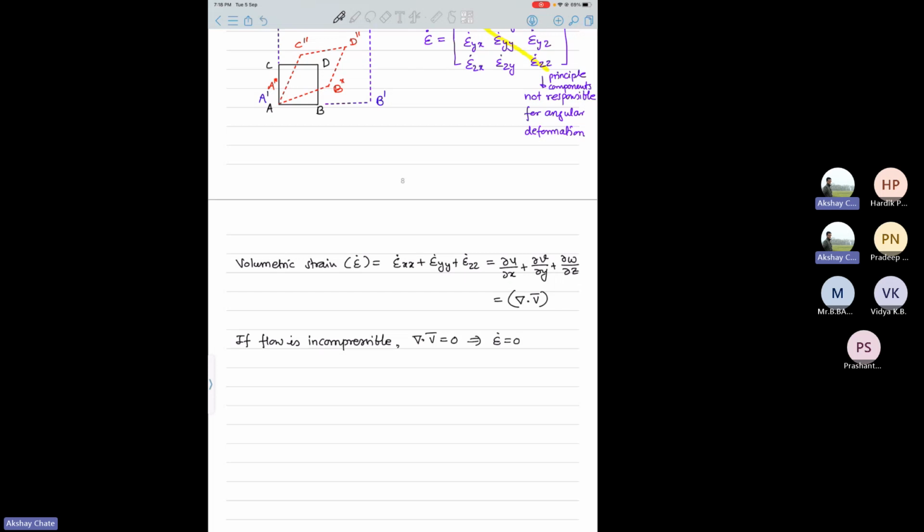And for other components, I will give you an easy formula to remember.